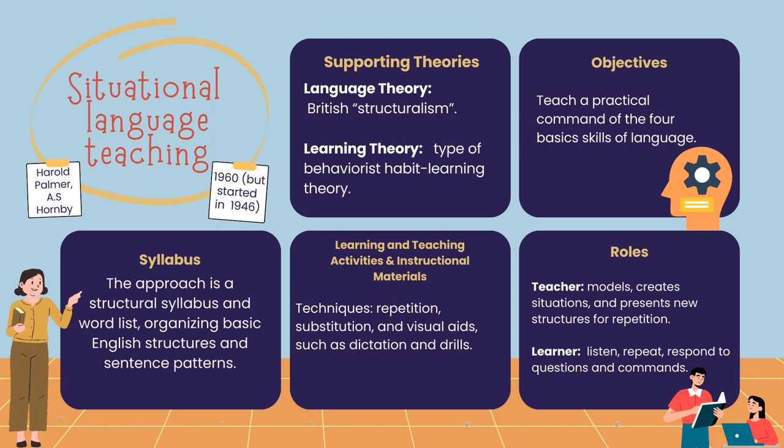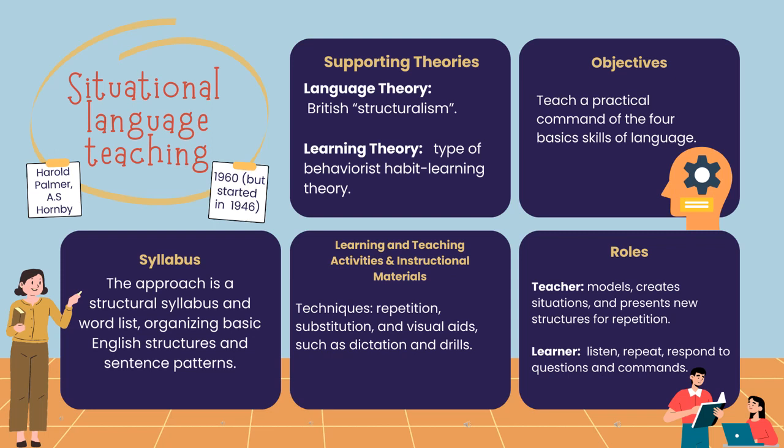According to the SLT, the basic teaching of English involves a structural syllabus and a word list. The syllabus is a list of the basic sentence patterns and structures of the English language arranged in order of presentation. Structures are always taught through sentences and vocabulary chosen based on how well it enables sentence patterns to be taught.